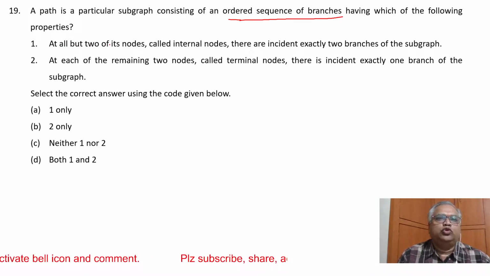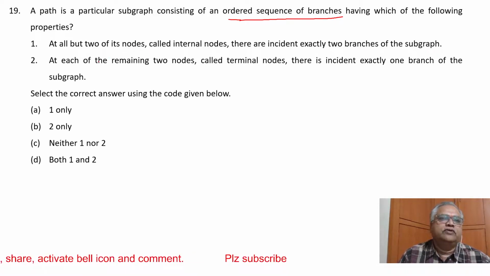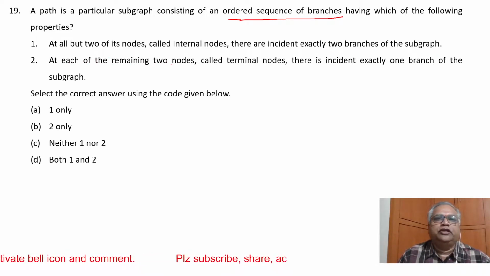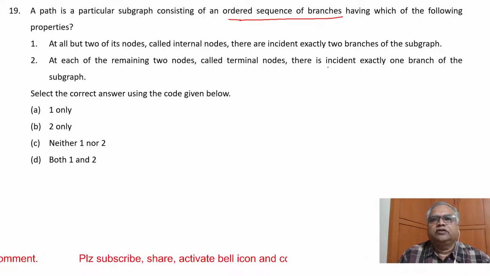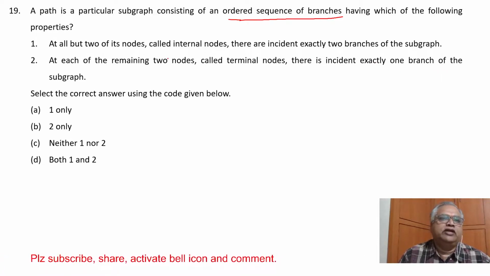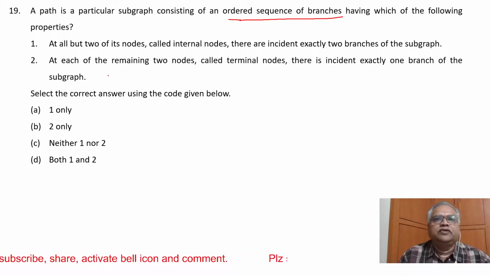At all but two of its nodes, called internal nodes, there are incident exactly two branches of the subgraph. At each of the remaining two nodes, called terminal nodes, there is incident exactly one branch of the subgraph. So this problem comes under graph theory.